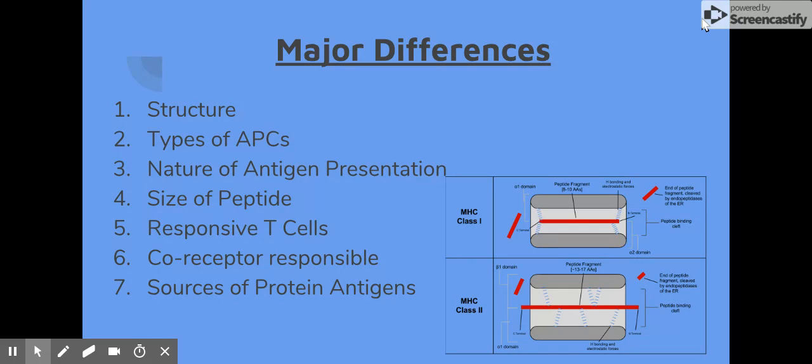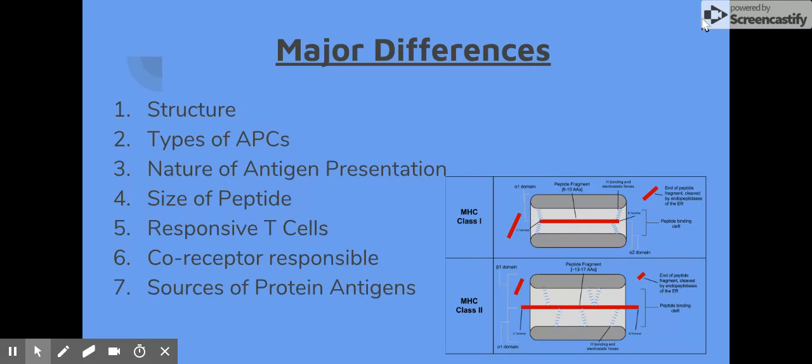Next, we're going to talk about the nature of antigen presentation. MHC class 1 glycoproteins present endogenous antigens that originate from the cytoplasm, whereas MHC2 proteins present exogenous antigens that originate extracellularly from foreign bodies such as bacteria.